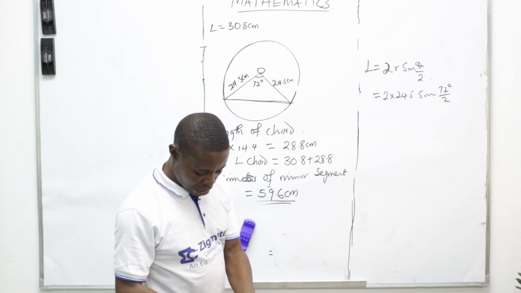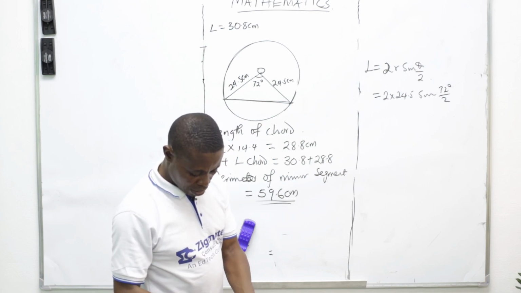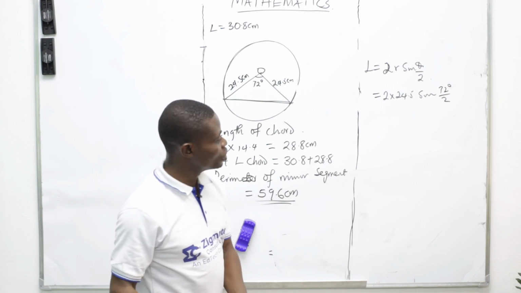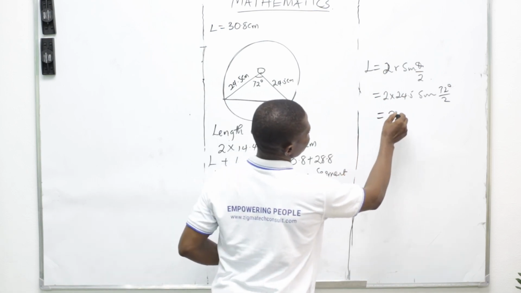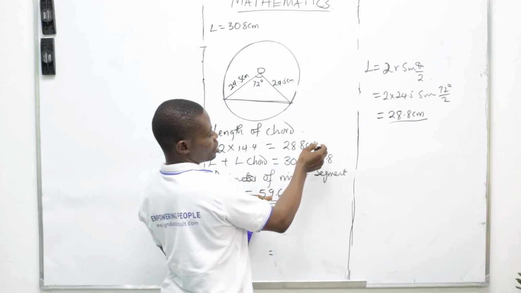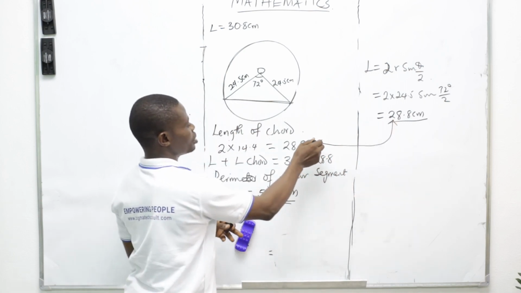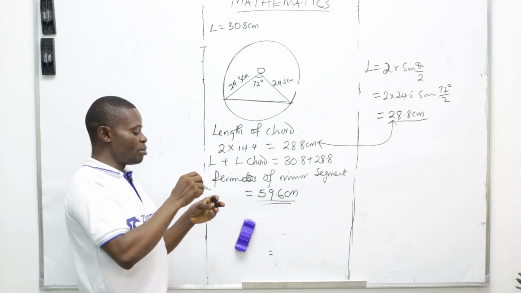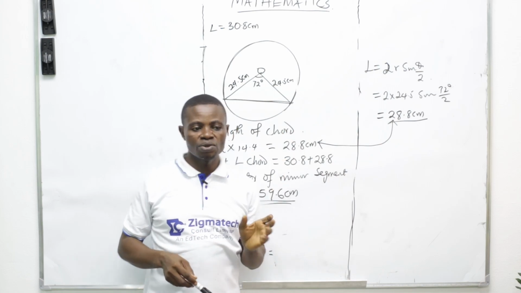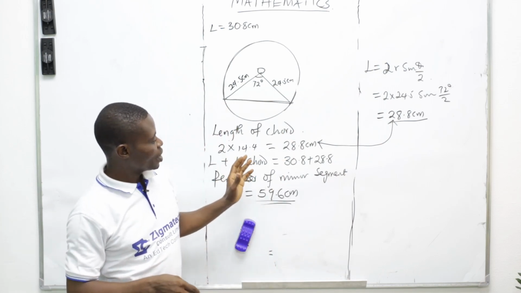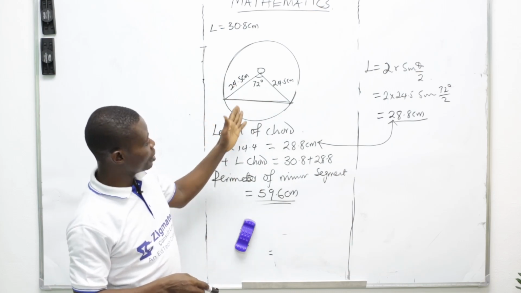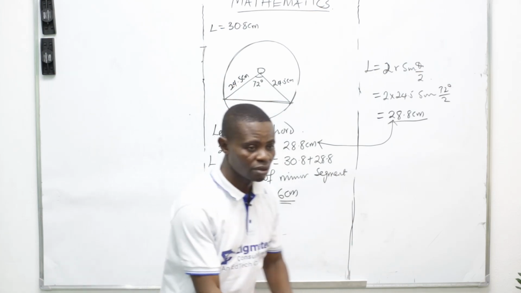Sine 36 times 24.5 times 2 equals 28.8 centimeter. You can see it's the same thing here. So either you use SOHCAHTOA method or direct formula method, you still get the same solution. So just learn the two and choose the one you think is better for you.